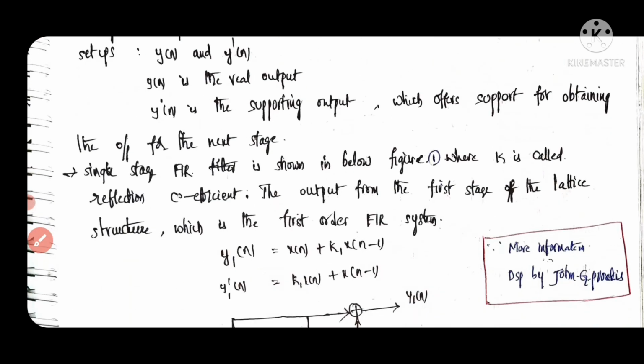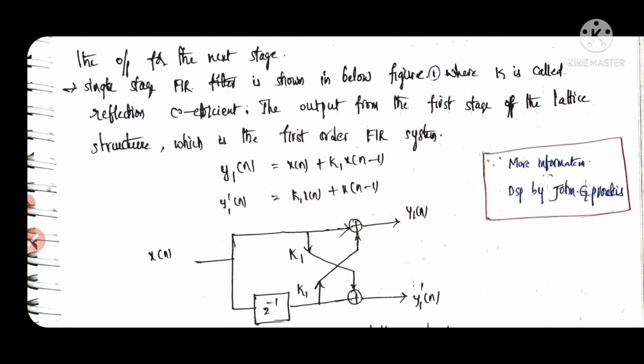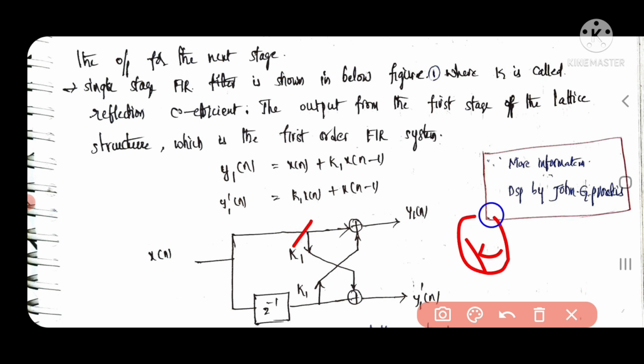After that, the single stage FIR structure is shown in the figure below, where k is generally called a reflection coefficient. If you observe this equation here, k1 is there, so this k is generally called a reflection coefficient.